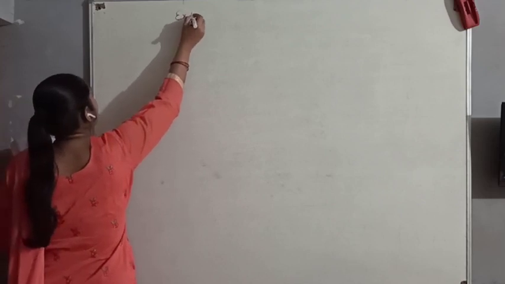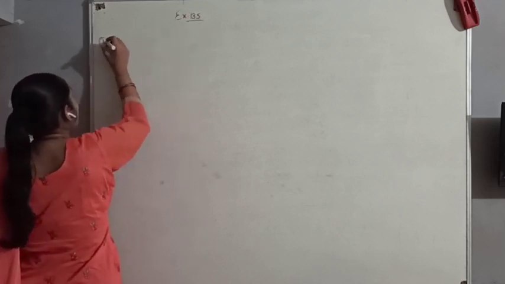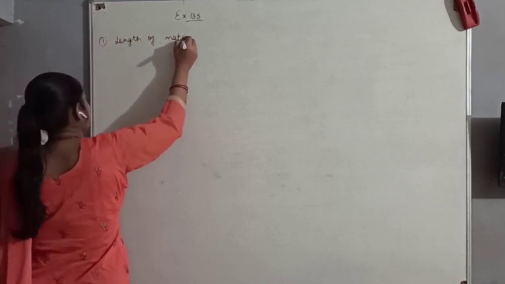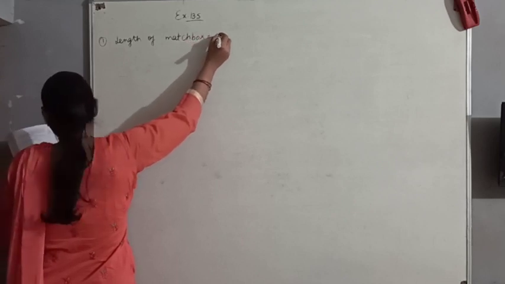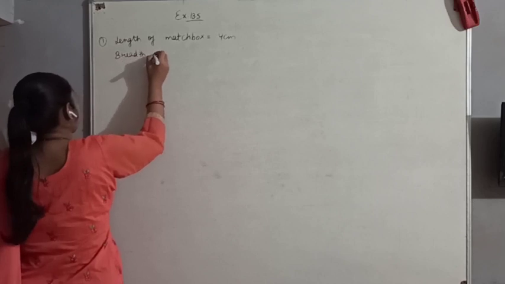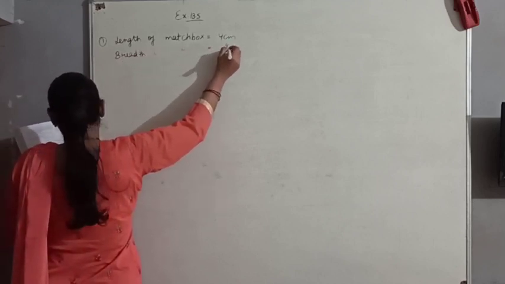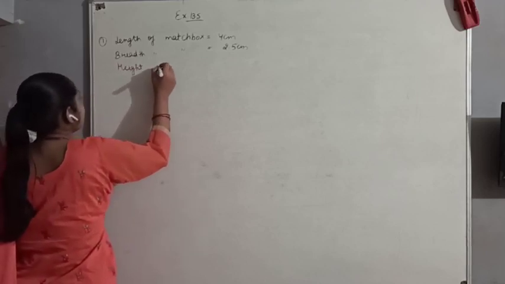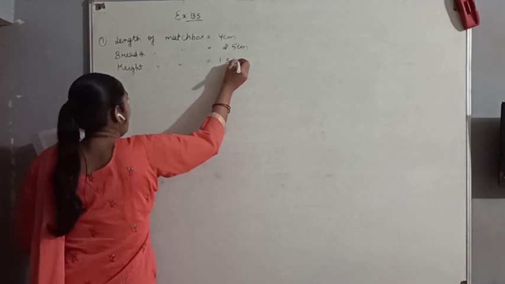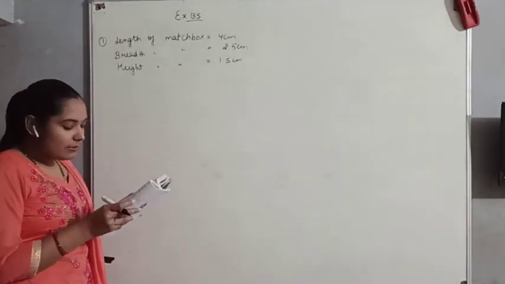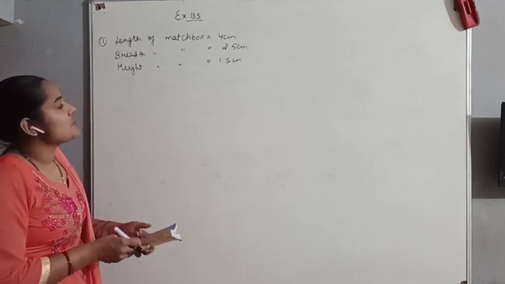That is, length of matchbox is equal to 4 centimeter, breadth of matchbox is 2.5 centimeter, and height is 1.5 centimeter. And we know that a matchbox has the shape of a cuboid. What will be the volume of a packet containing 12 such matchboxes?